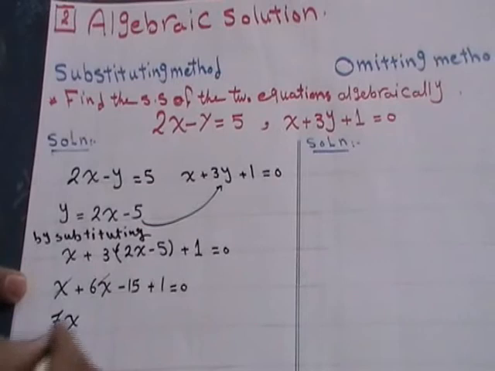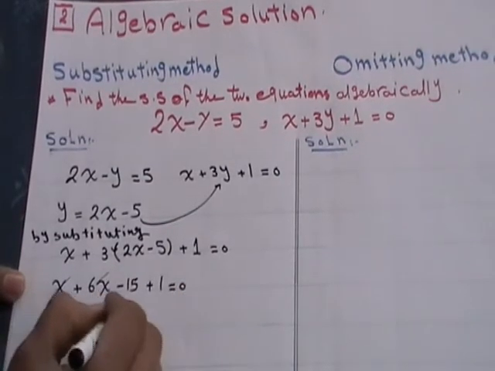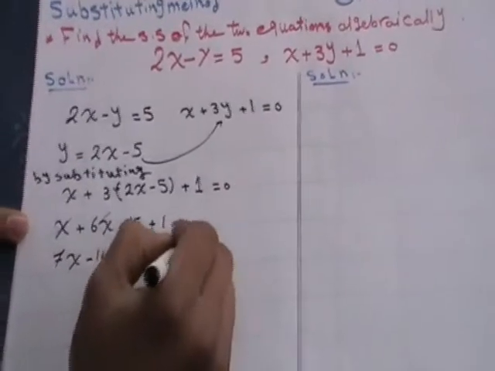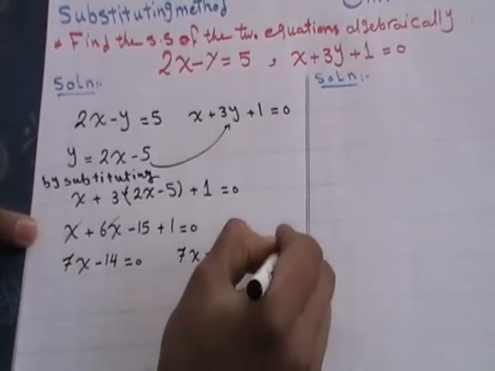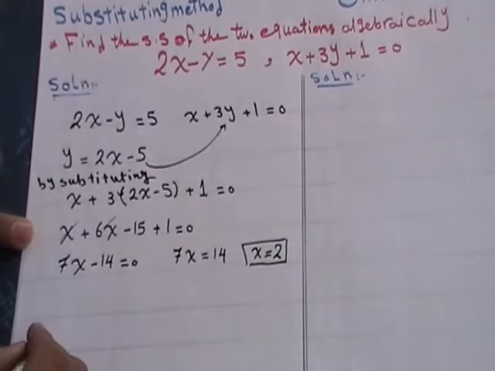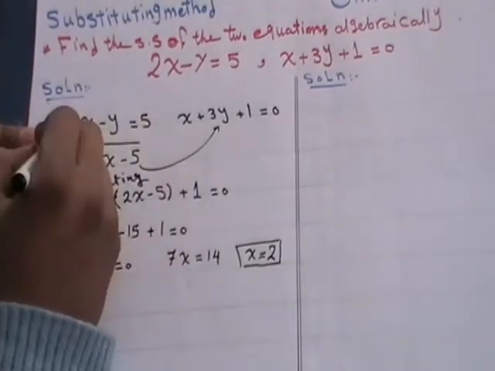Add the like terms: negative 15 and positive 1 will be negative 14 equals 0. Then you will have 7x equals 14, then x equals 2. If you have the value of x, go and substitute in this equation. We can name this the master equation.